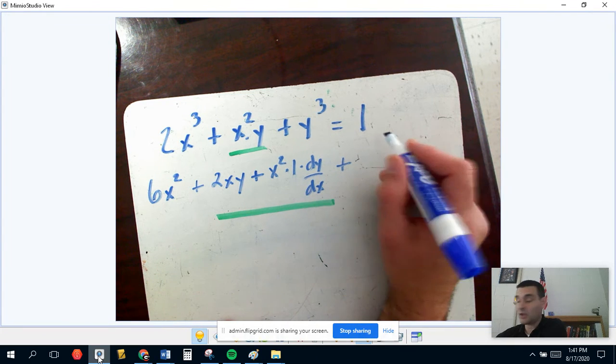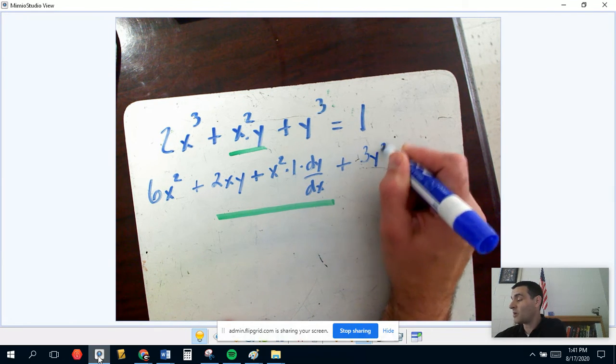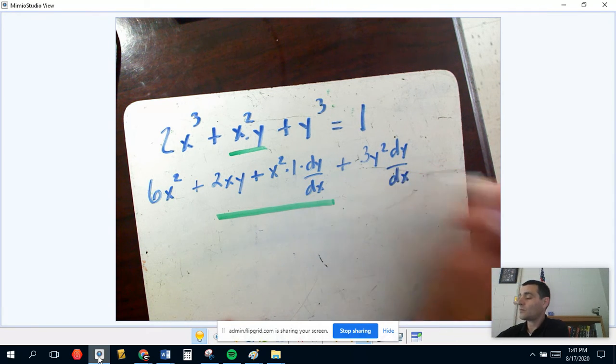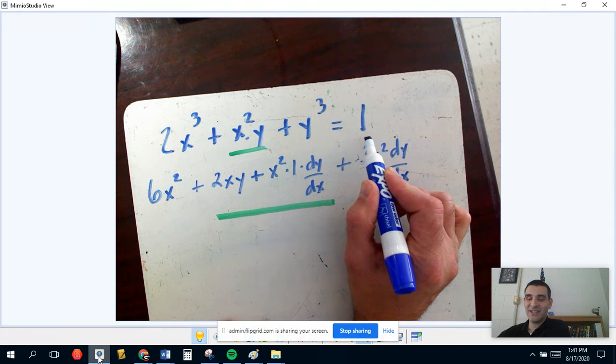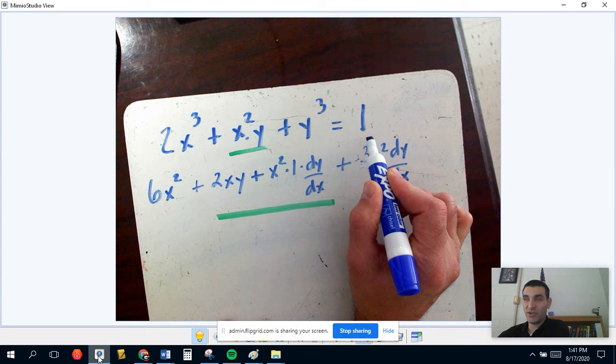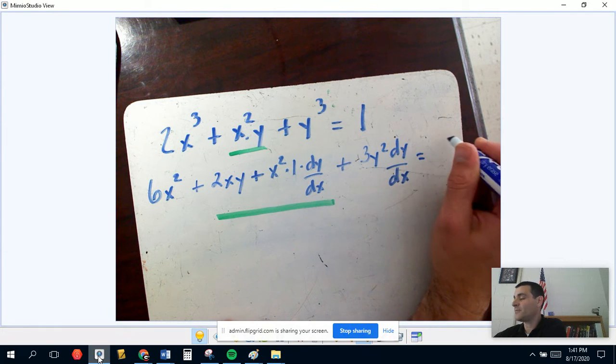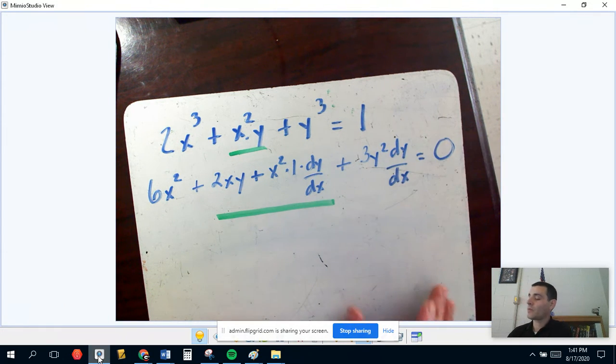So the derivative of y cubed, we're going to say, is 3y squared. But again, we have this little weird dy dx. And don't forget to take the derivative of 1. The derivative with respect to a variable of a number, it's got to be 0, right? The number never changes.